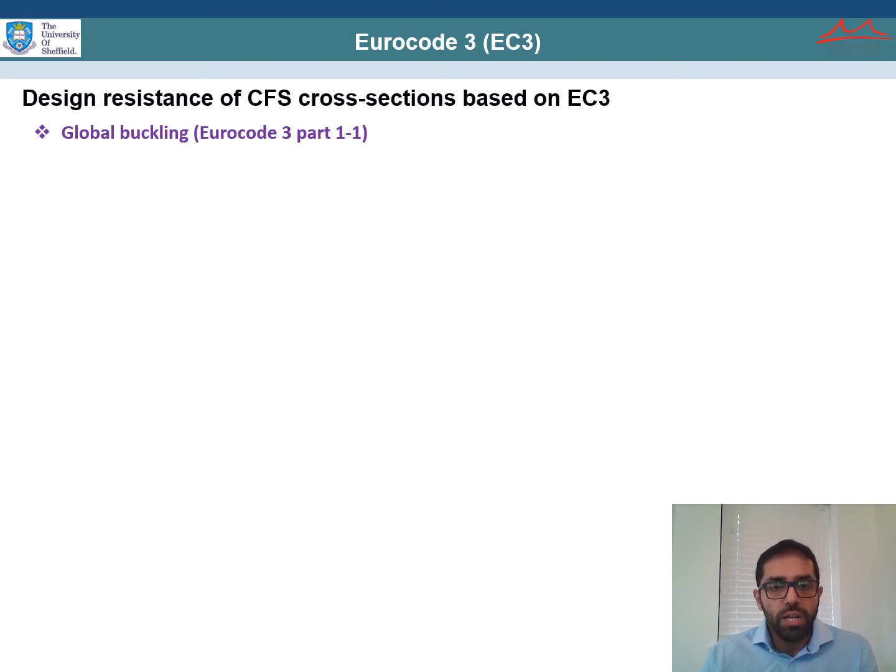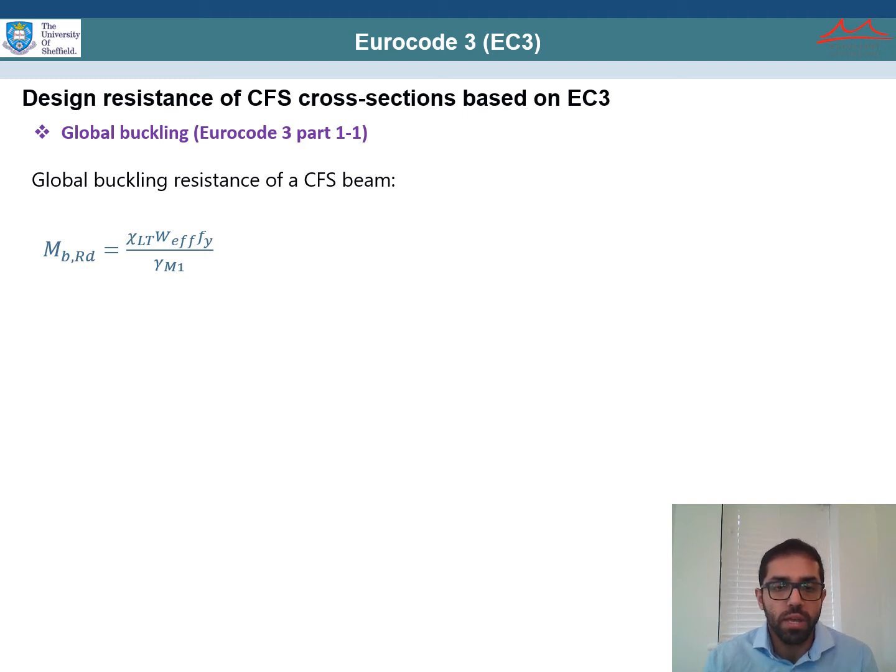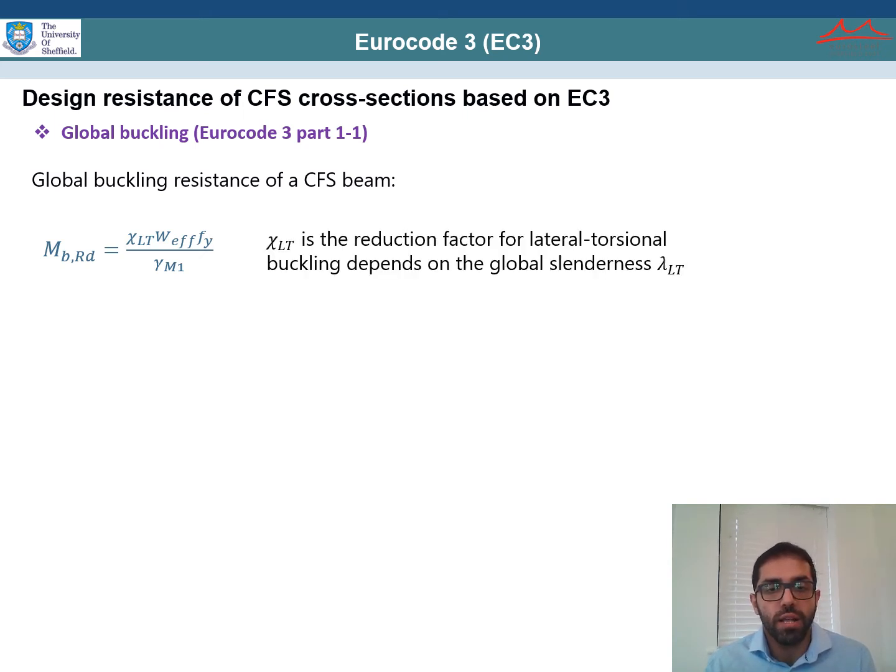For the global buckling, we use Eurocode 3 part 1.1, and the global buckling resistance of the cold form steel beam is calculated by using this equation. Mb,Rd is equal to chi LT W effective fy over gamma M1.